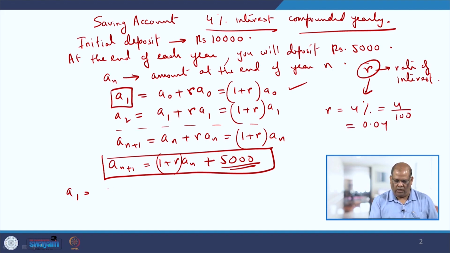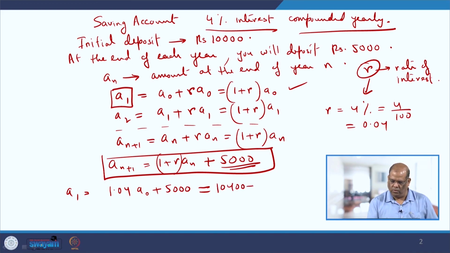If you now want to calculate A1, your rate of interest R is 4%, and as I told you, you divide it by 100 to make it 0.04. So, A1 is 1.04 multiplied by A0 plus 5,000, and this will give approximately 10400 plus 5,000, which is 15400.